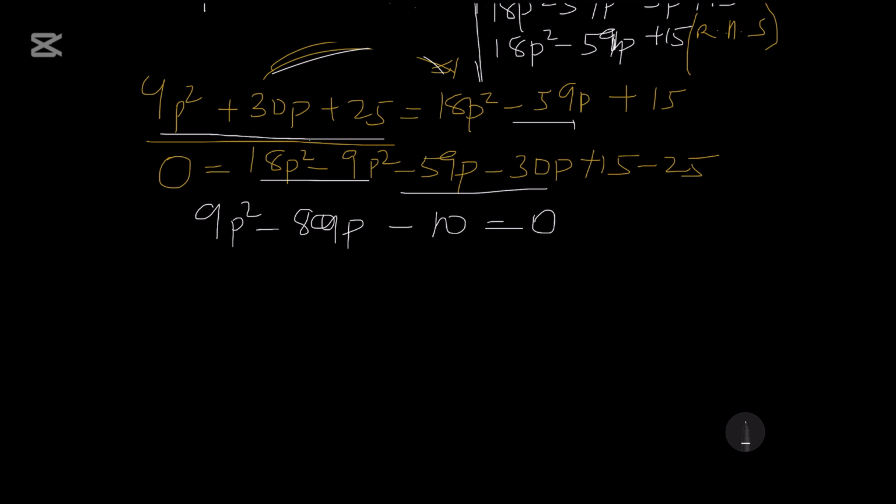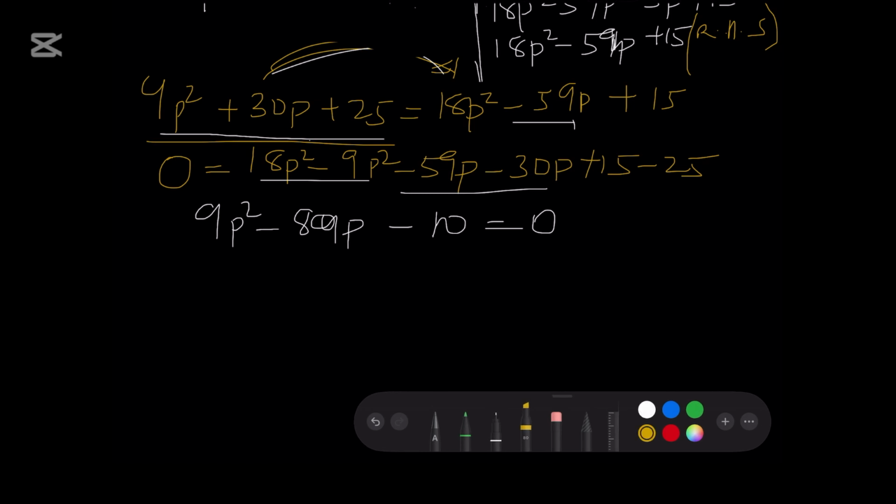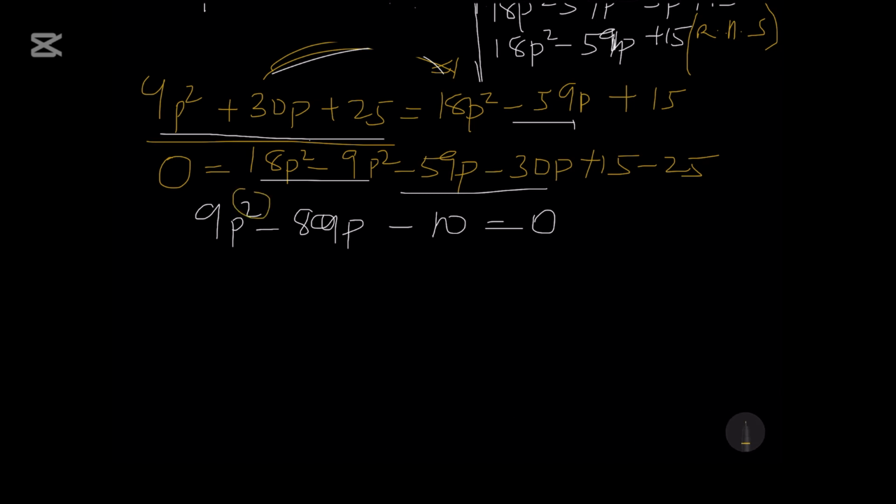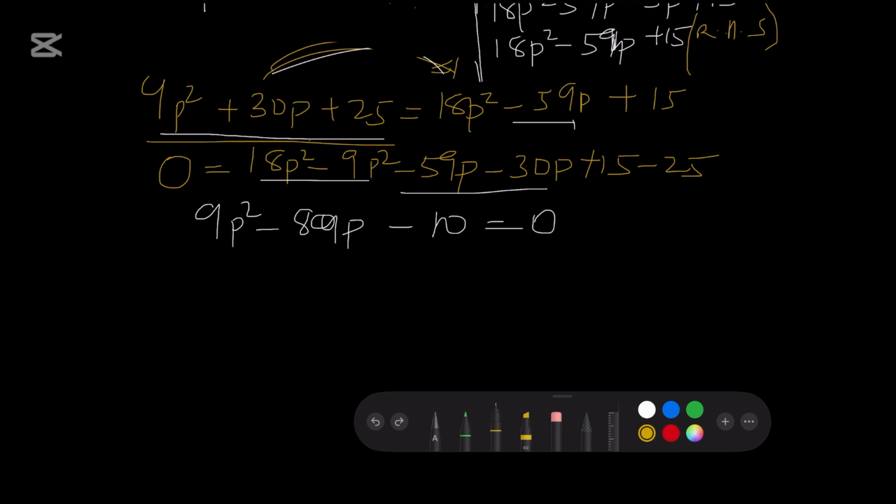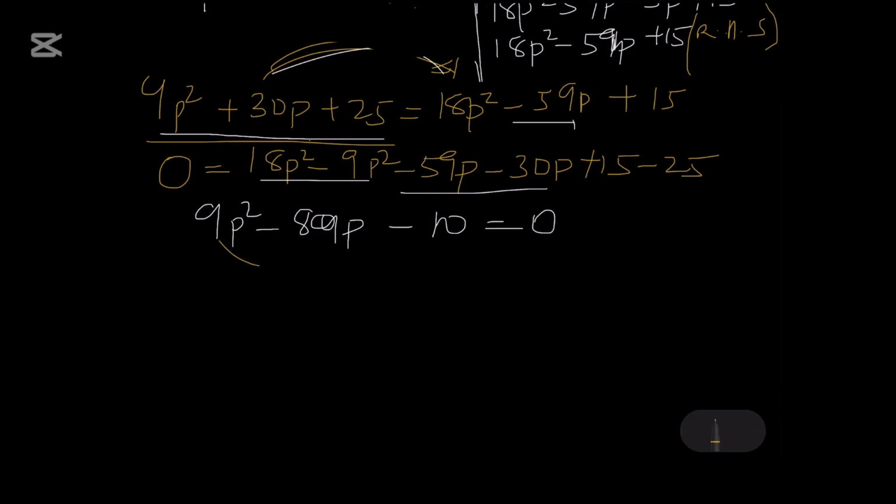So solving this, this is a quadratic equation, that is the highest power there is 2. So it means the quadratic equation. So solving it quadratically, we have this multiplied by this.